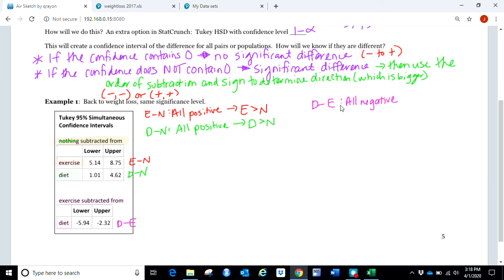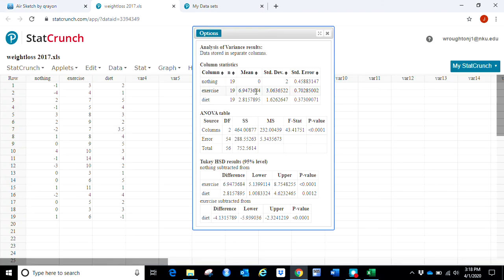But now this time, since it's negative, the second value has to be bigger than the first in order to get a negative value. So this is going to tell me then that exercise is greater than diet, which again, my data confirms. On average, we lost more weight by exercising than by dieting.